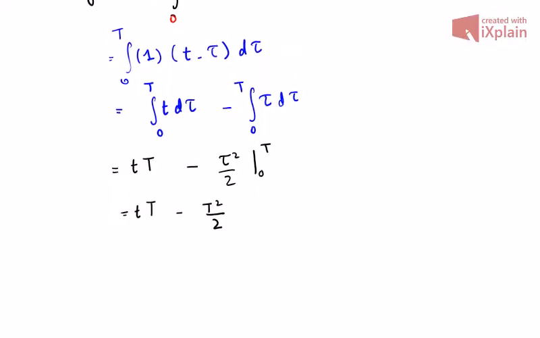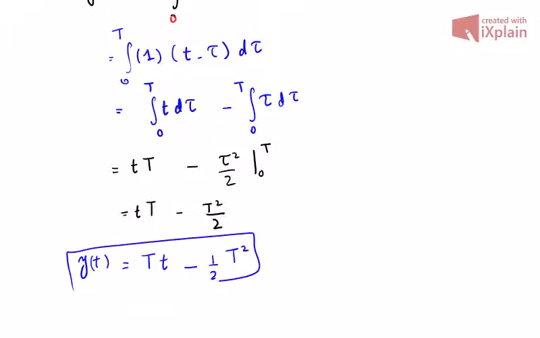So our y of t is actually equal to capital T times small t minus half of capital T square in the range when t is greater than capital T and smaller than 2T. So it's for this range.